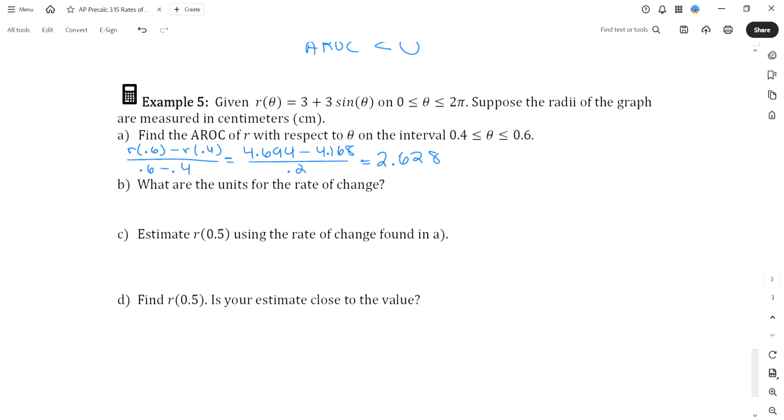Now, what unit is my angle? Radians. So, what are the units for this rate of change? If my r values are centimeters and my angle is radians, centimeters per radian.